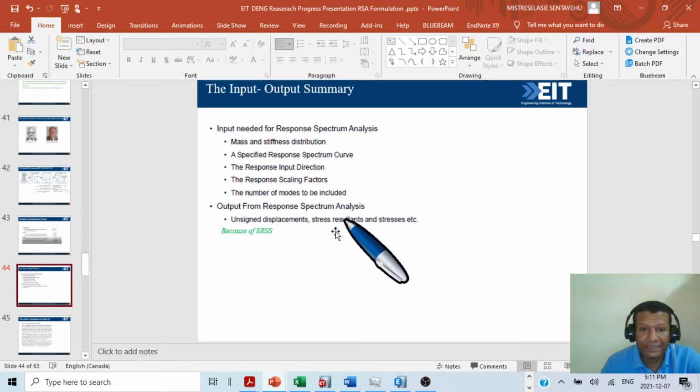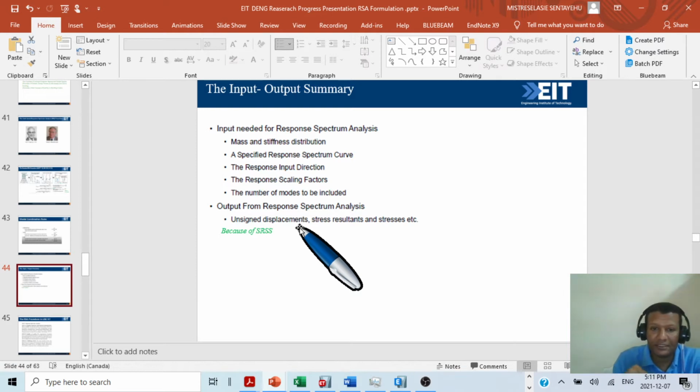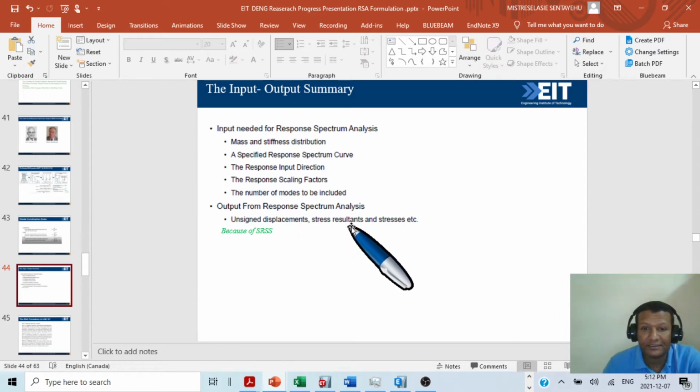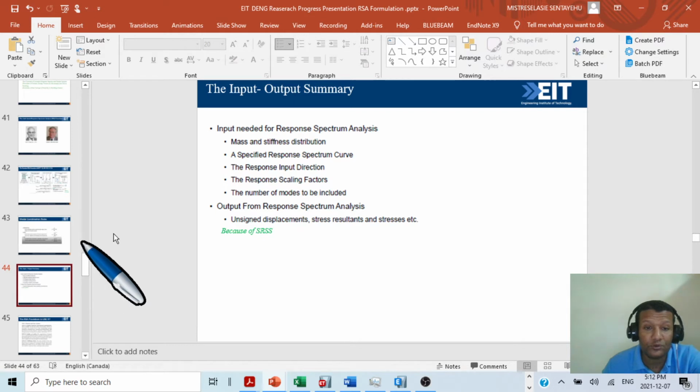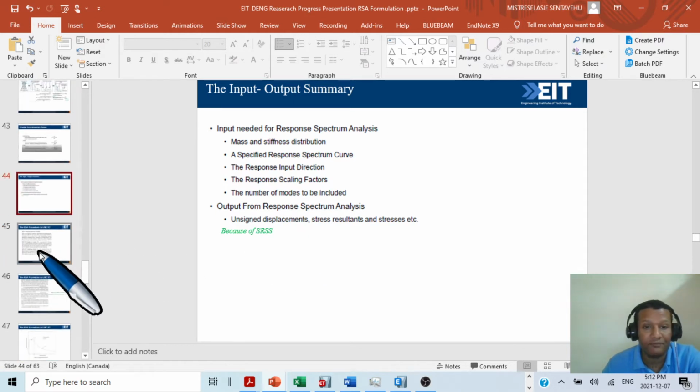Output from response spectrum analysis: displacement will be unsigned, there is no plus or minus, and stress resultants and everything, because SRSS means square root of sum of squares, any negative or positive. When we square root, it is positive, so it will be positive all of the time.